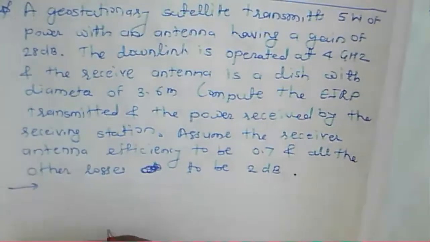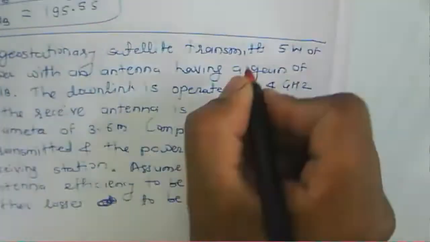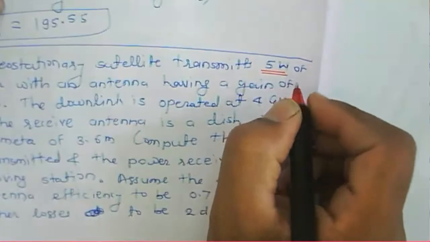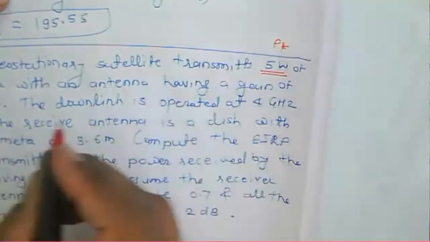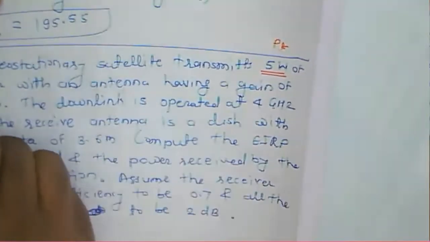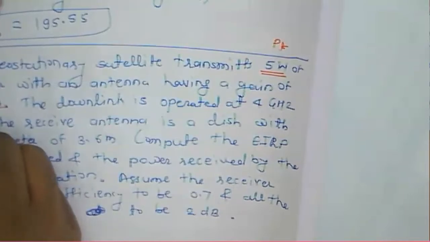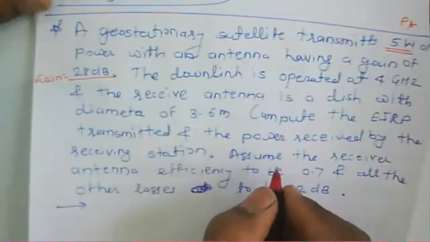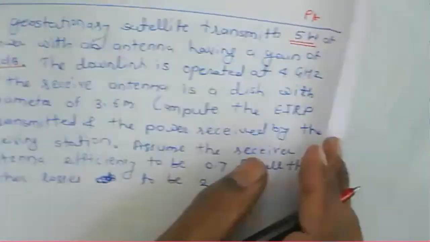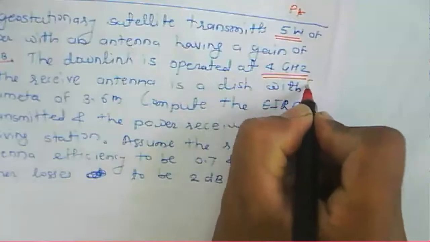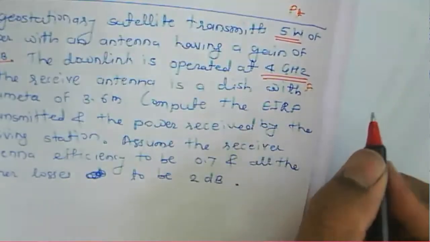Now, if you see that statement, transmit power will be 5 watt, that will be PT here, and the gain is about 28 dB. That will be the gain given, 28 dB, and it is operated at a frequency of 4 gigahertz.